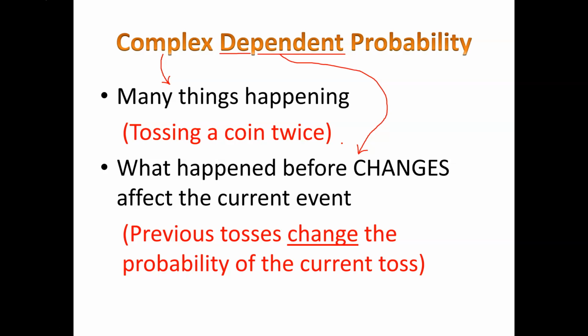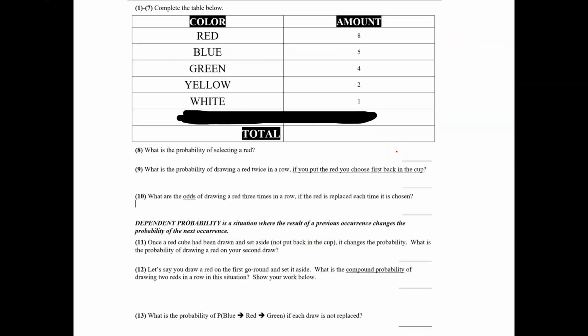So a dependent probability situation would be you reach into that cup of cubes, you pull out, say, a blue, and then instead of putting it back in the cup, you set that cube off to the side. Now, there's one fewer cube in the cup, which means the denominator of our fraction will change, which means our numbers will change. Let's go through an example or 5.